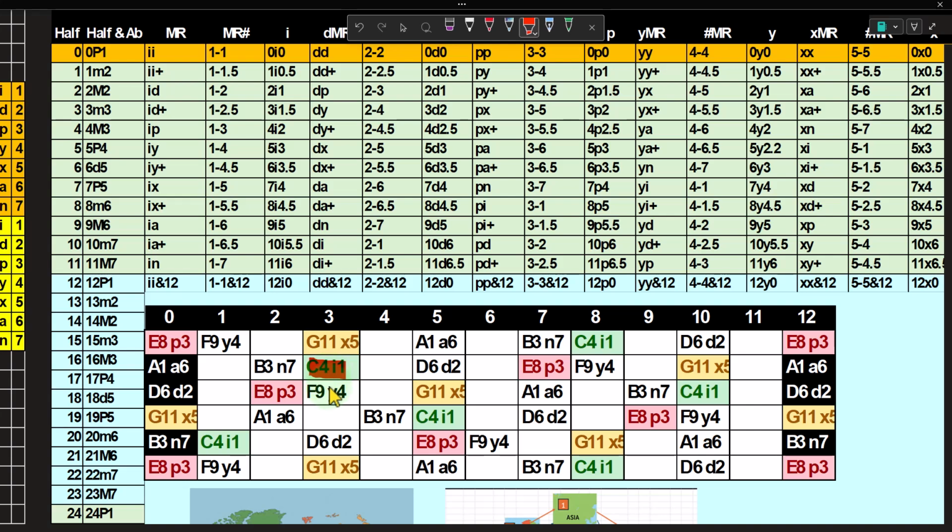So I can say, let's count it this way: 5, 10, 11, 12. So we have a 12 distance up, and that's one way I can name the modal range. It's still I to I on the map, Ionian to Ionian, but there's a 12 note distance, an added octave, between it. I can also call that a 1-1 from a modal range standpoint, Ionian to Ionian, and 12, meaning there's 12 notes distance between them.